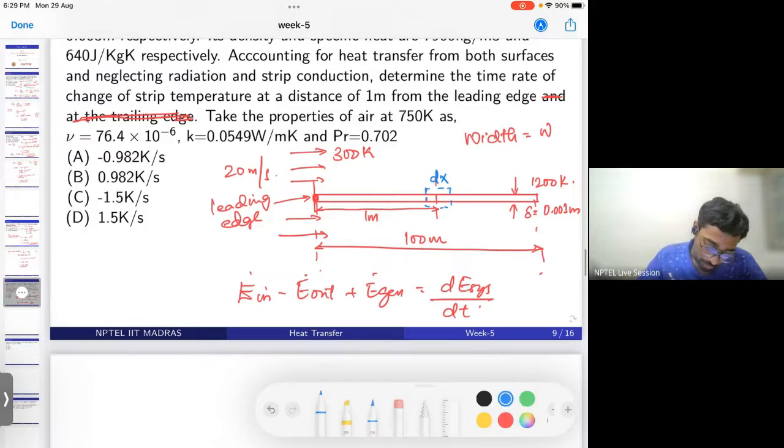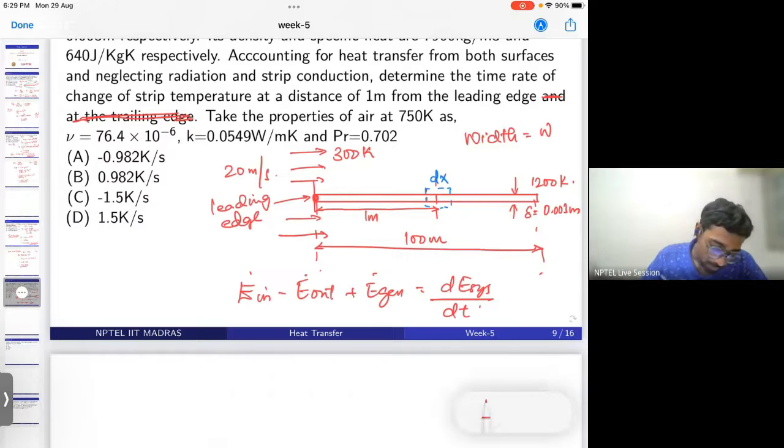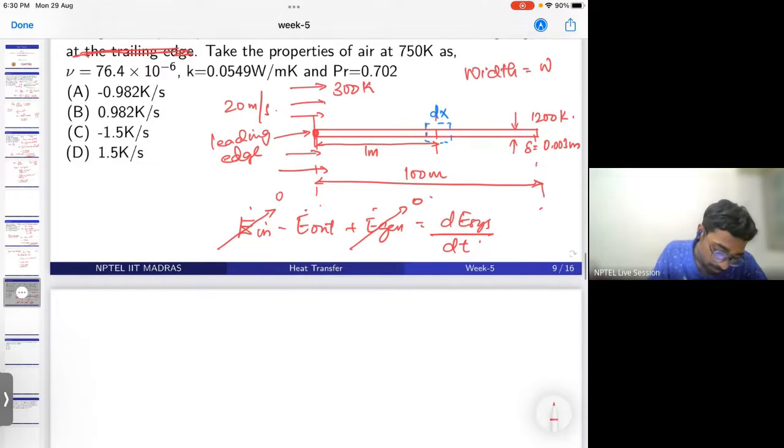There is no energy coming in. This is zero. There is no heat generation. That is zero. So only minus E dot out is equal to the rate of change of the system.